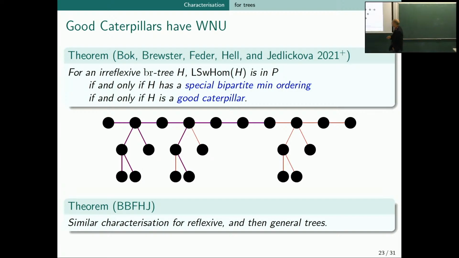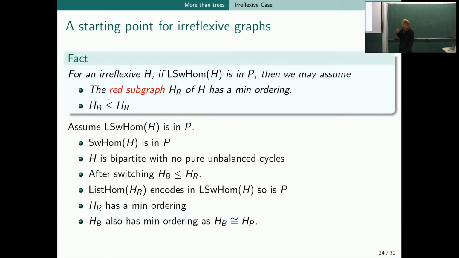Okay, so now what do we do? They gave us a lot of examples, so they really let us understand the problem a lot more, because they gave us a lot of examples of things for which the switch hom problem is polynomial that we didn't know about. And so now we made this observation. In a reflexive graph H, if the list switch hom problem is in P, then we can assume, as they do for trees, but we're doing this in general, that the red subgraph has a min ordering.